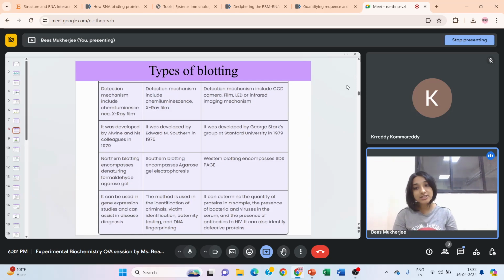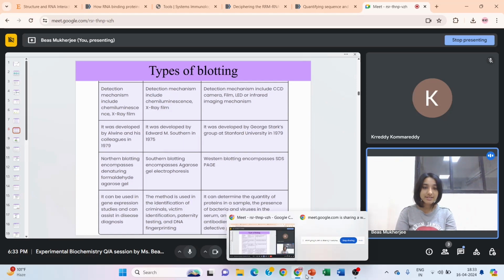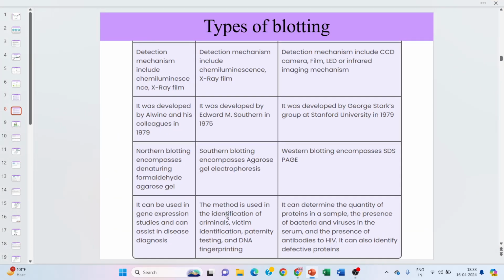It can be used for gene expression studies and assist in disease diagnosis. I am sure you have already understood the applications of different kinds of blotting, right? So this you can read by yourself. For southern blotting, you have paternity testing, victim identification, DNA fingerprinting, and protein blotting can be done for a lot of different kinds of protein studies.